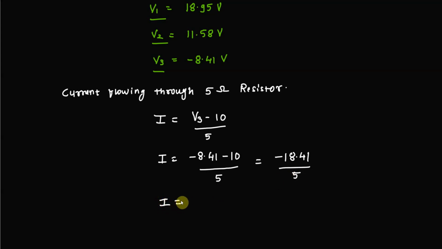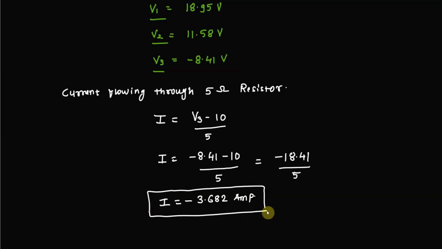If I calculate that, the answer comes out to be minus 3.682 ampere. So the current flowing through the 5 ohm resistance is calculated as minus 3.682 ampere.